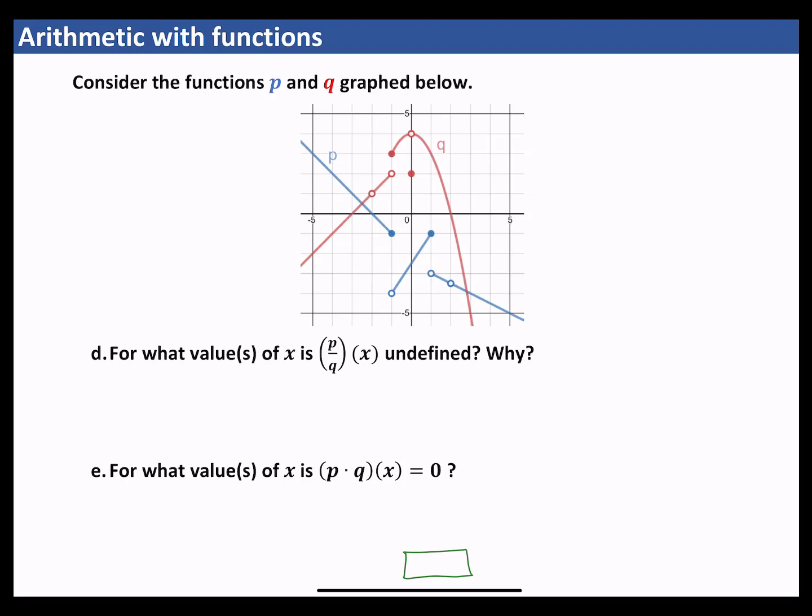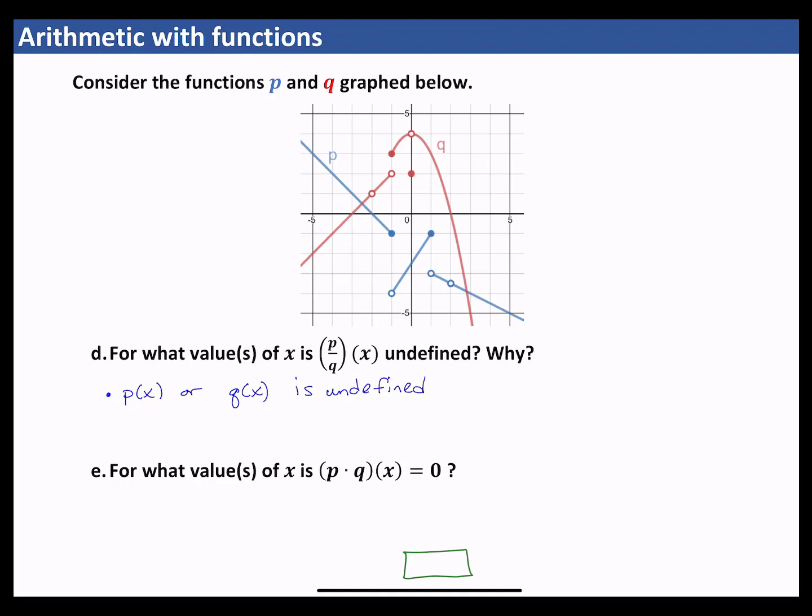We still have functions p and q, and now we want to find for what values of x is (p divided by q)(x) undefined and why. So we really have two reasons why (p divided by q)(x) could be undefined. The first has to do with the domain. So if p of x or q of x is undefined, then this quotient will also be undefined.